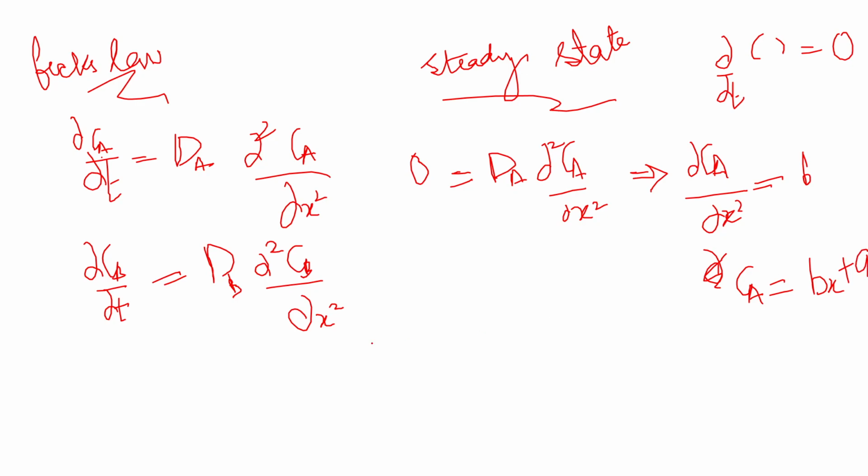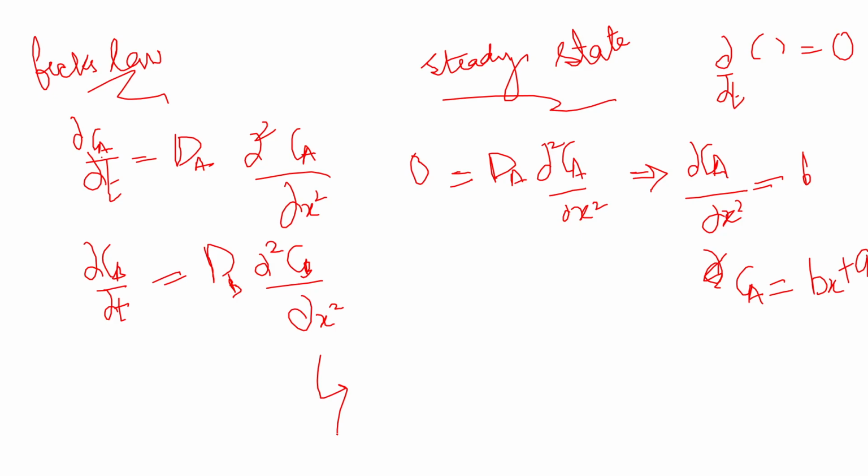Is this clear? Now the same thing applies here. Excuse me, yes, tell me. You have written 0 is equal to dA dou square C upon dou x square.